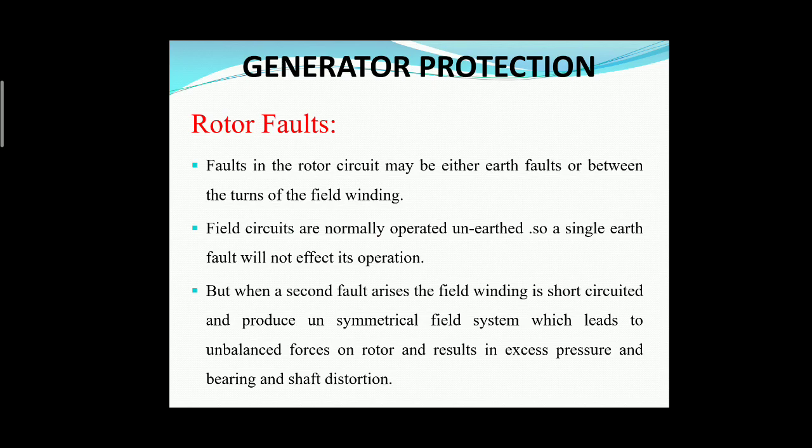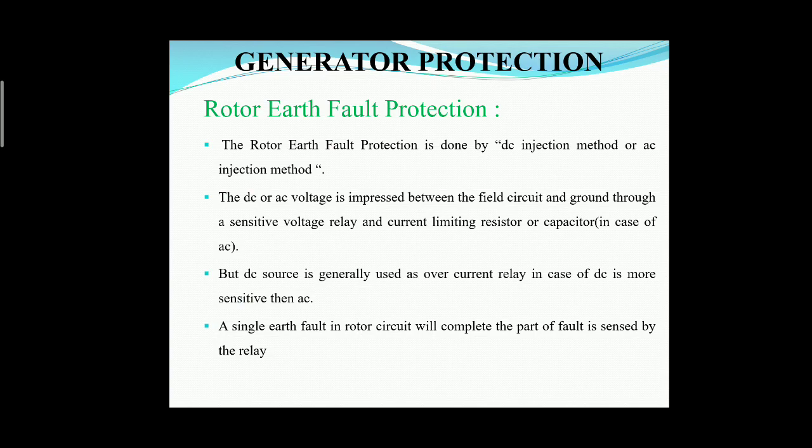In the case of rotor earth faults, we are using the resistance method, the DC injection method and also the AC injection method. A high resistance is connected across the rotor circuits and its midpoint is grounded through a sensitive relay.